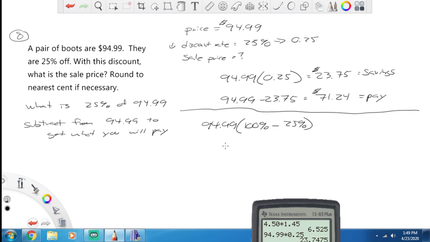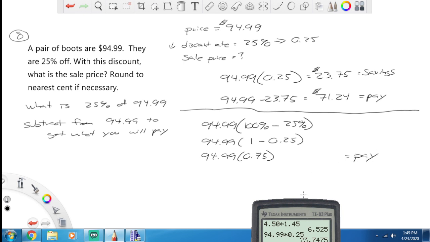But again, you don't really do it with percentages. So you can look at it as 94.99 times 1 minus 0.25. Or you can turn that into a percent first and get 75% and then turn that into a decimal. But this is going to turn out to be 0.75.